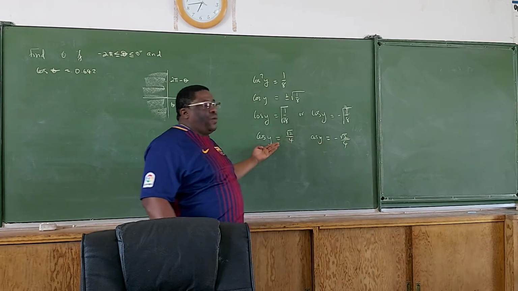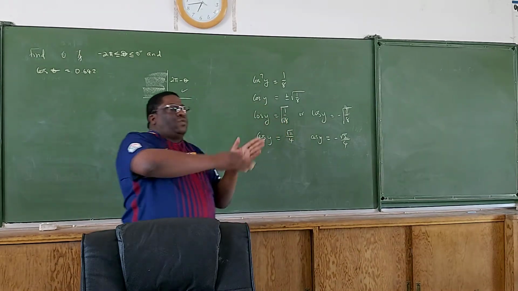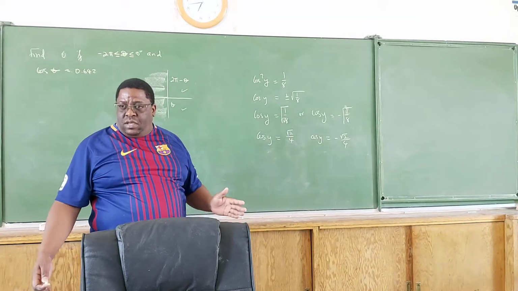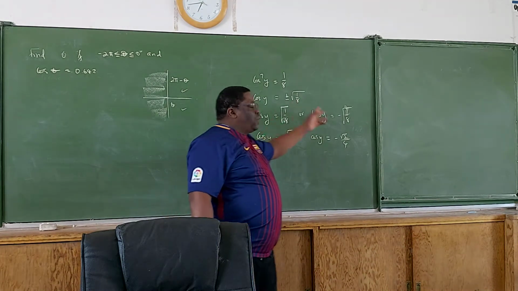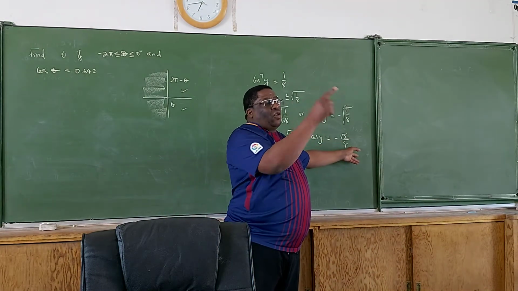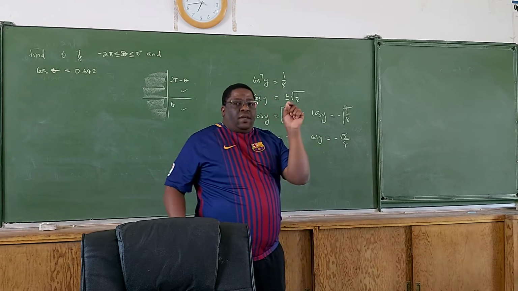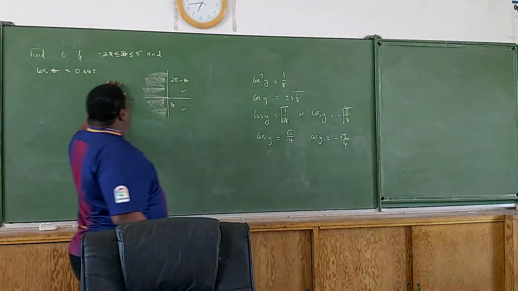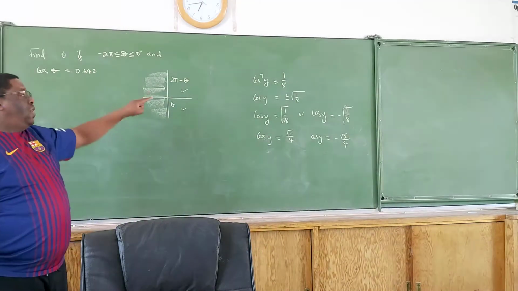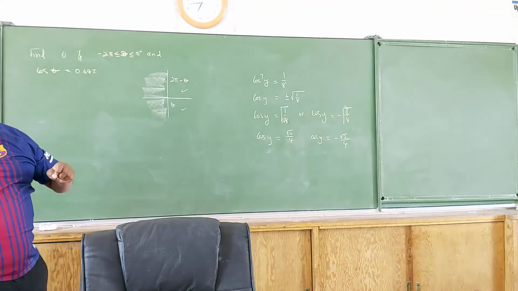The reason why you probably end up with 4 answers is because your domain has maybe been from 0 to 360 degrees. So there will be 2 possibilities where cosine is positive, and 2 possibilities where cosine is negative because of that domain. So the minus gives you the direction on our CAST diagram. But here we are dealing with negative angles because our domain is from minus 2 pi radians up to 0 radians. Does that make sense to you?